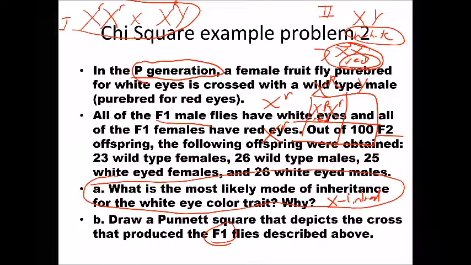They're red-eyed females. These are going to be white-eyed males. These are red-eyed females, and these are white-eyed males. So that explains what the problem told us we should get: all the females red, all the males white.